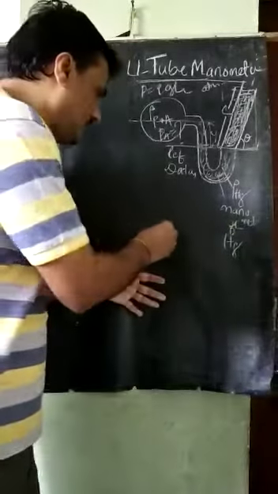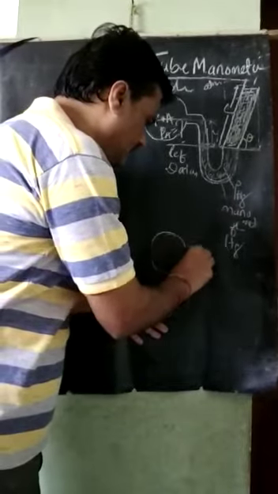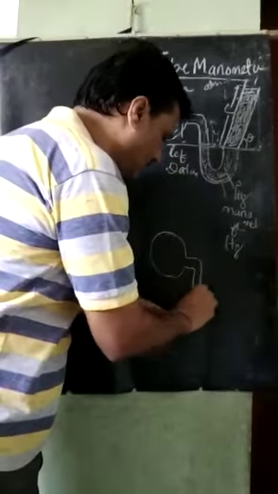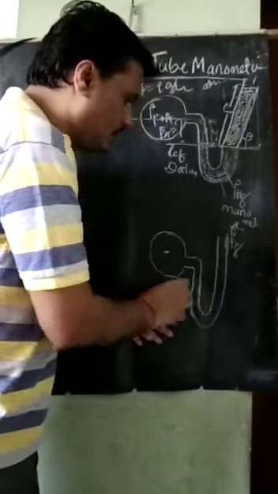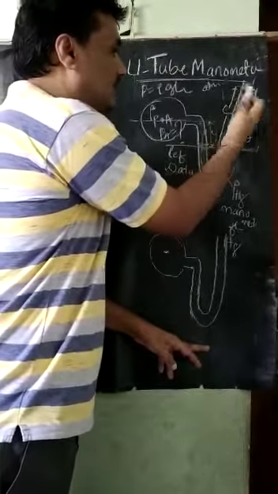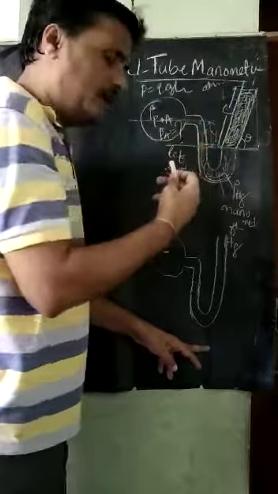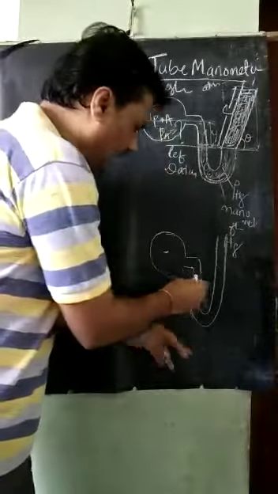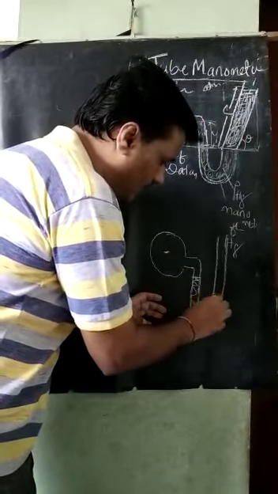In the U-tube manometer for gauge pressure, the level at the right limb is above the datum line. But in the case of vacuum pressure, the left limb has more liquid level and the right limb has a very low level, like this.